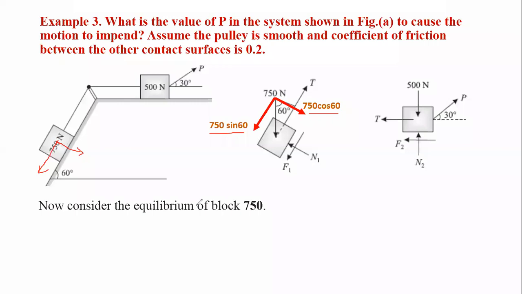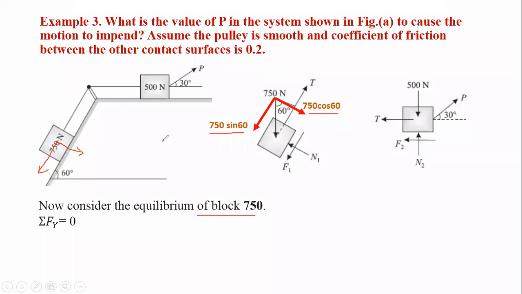Now consider the equilibrium of the 750 Newton block. We are considering this block separately. Let us take the summation of all vertical forces, summation Fy.